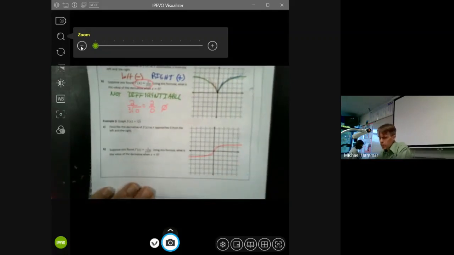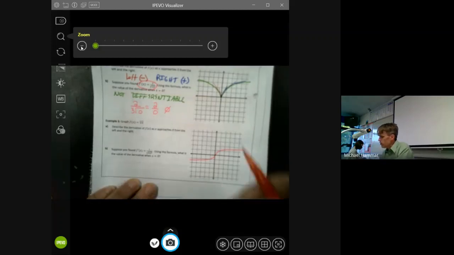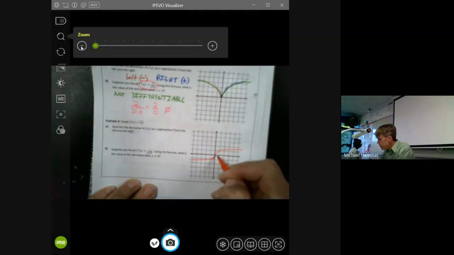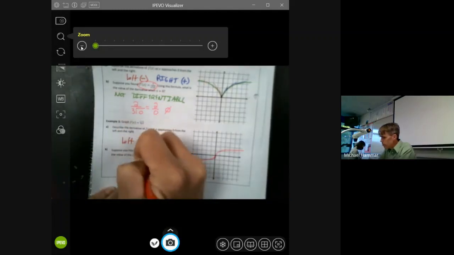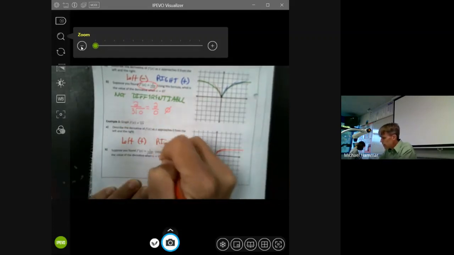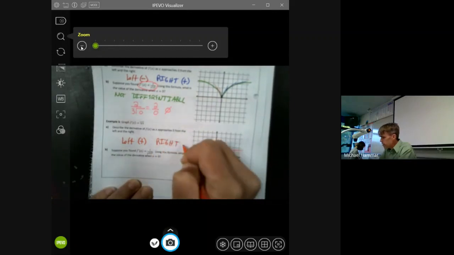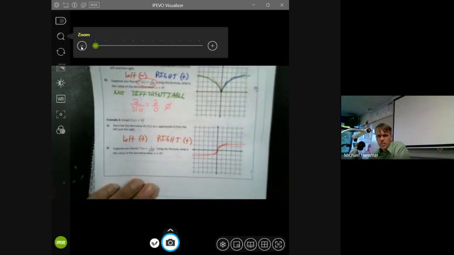Okay? Now, it says, describe the derivative if x approaches 0 from the left. Well, from the left, you'll see that it's positive. And from the right, you'll also see that it's positive. Okay? So, we have something weird that's kind of going on. They're both the same.